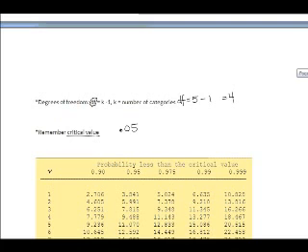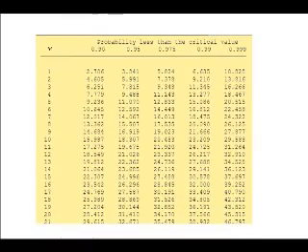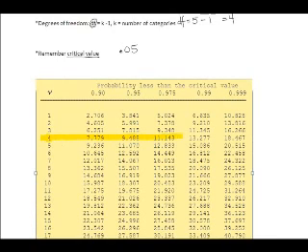So now let's look at our probability less than critical value chart. So we're going to find our degrees of freedom. So here I found my degree of freedom, 4. I'm going to highlight across.